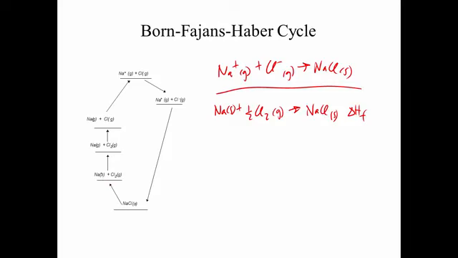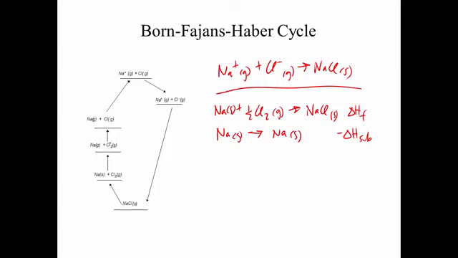Then we have, that's for the elements in their normal state, but for lattice enthalpy we need the ions in the gaseous state, so we need to get them into the gaseous state. So here we have the sodium metal, we're going to sublime into sodium gas. So that's the negative of the heat of sublimation.